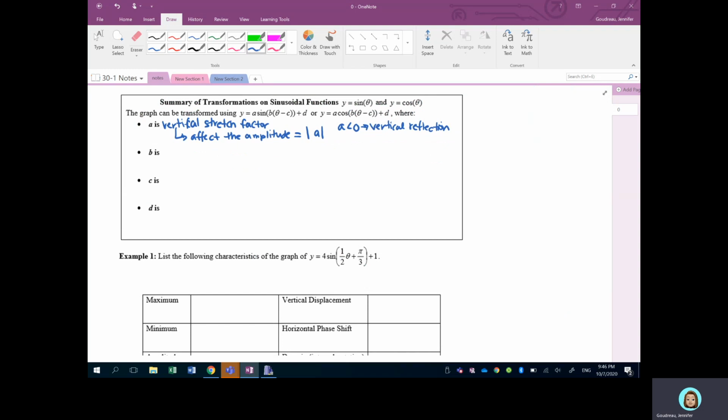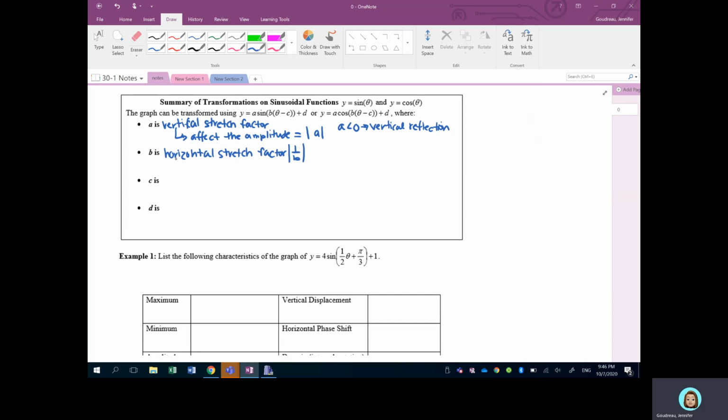Let's talk about B. B is our horizontal stretch factor. And we know from lots of doing transformations that when we are given a value of B, our horizontal stretch factor is the absolute value of 1 over B. So when we talk about a horizontal stretch, that means our graph is either going to get squished up horizontally or stretched out horizontally.